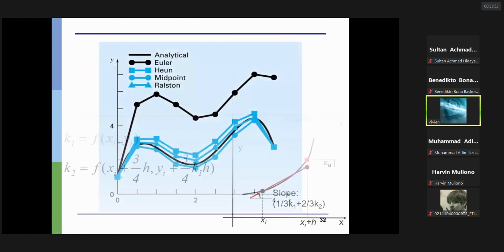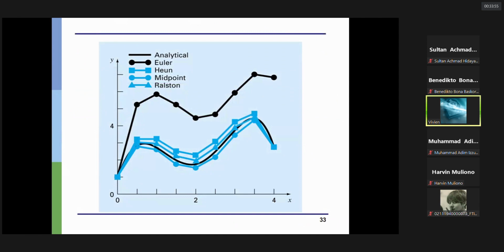So when we compare the three methods, this is the comparison. The true, or analytical, solution is shown by the smooth black line, and then we have the approximation with Euler's method. The points of the calculation are shown with the black circle symbol.